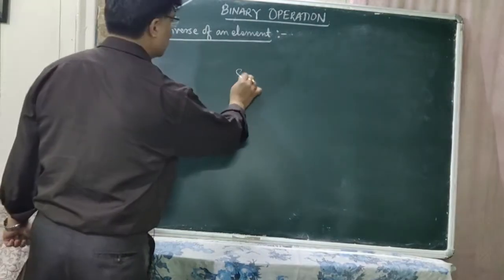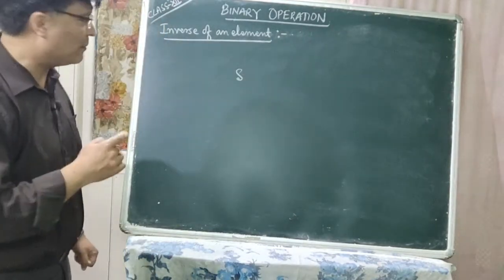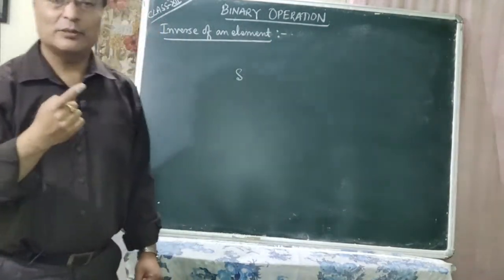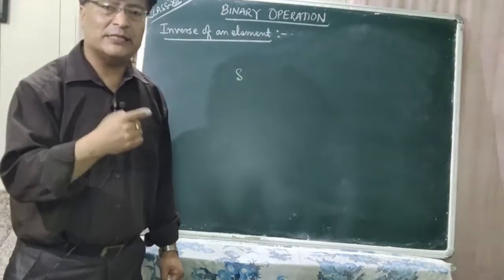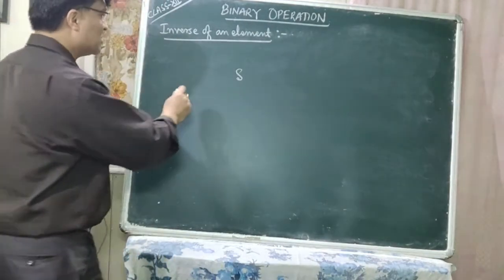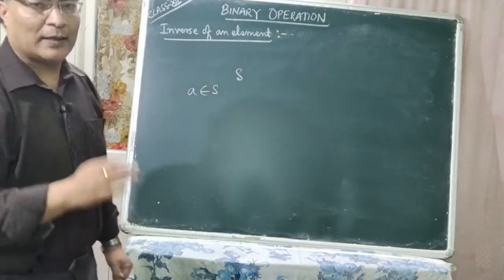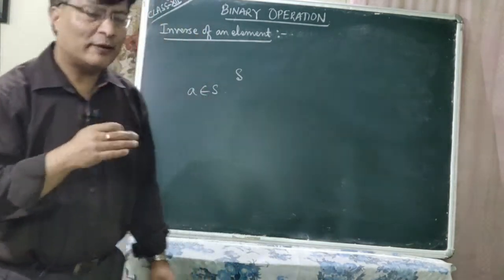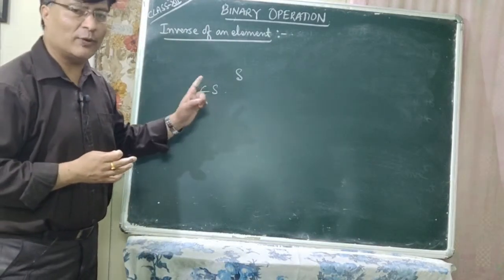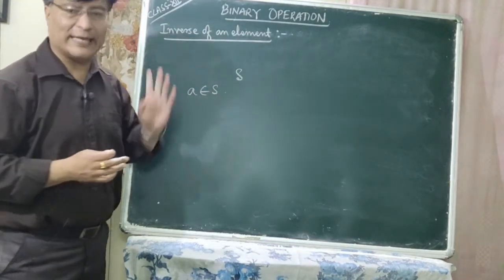Suppose S is a non-empty set. फेरि हामी के लियौं? S set लिन्छौं. S is a non-empty set, and suppose an element A belongs to the set S. Now we will find out the inverse of the element A.